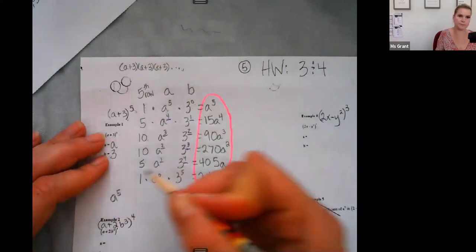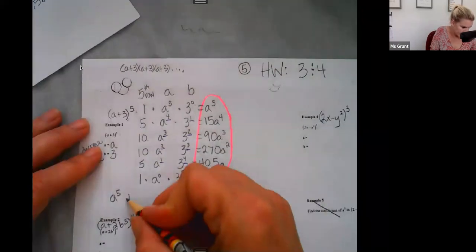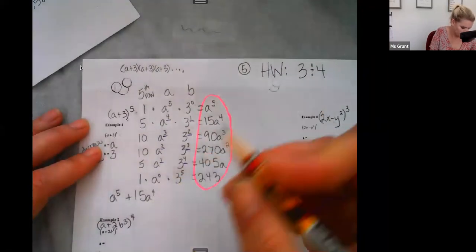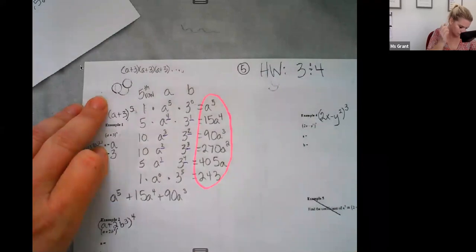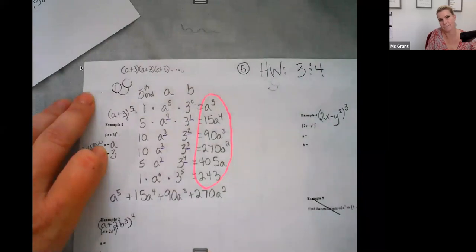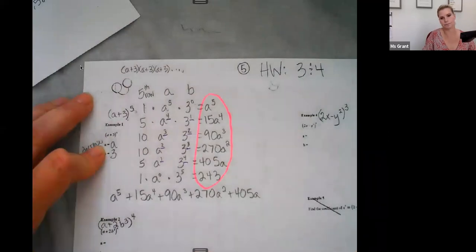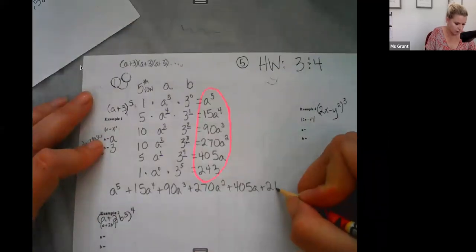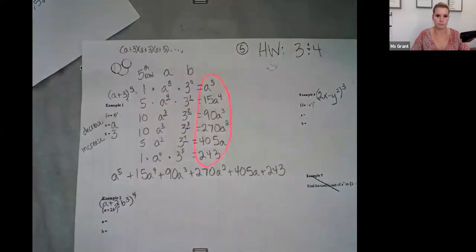A to the fifth plus 15a to the fourth plus 90a to the third plus 270a squared plus 405a plus 243. And you're done.